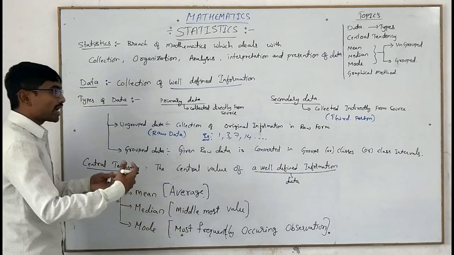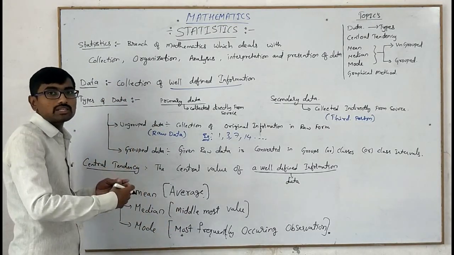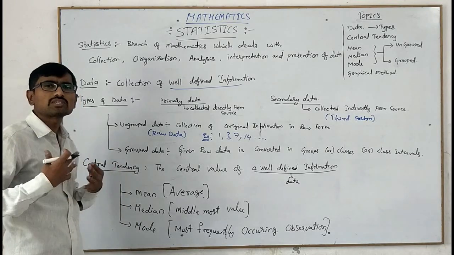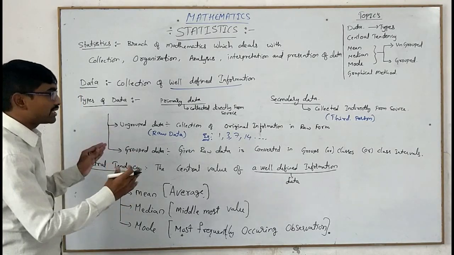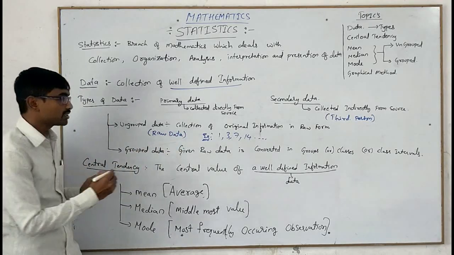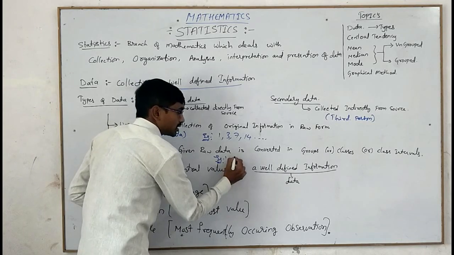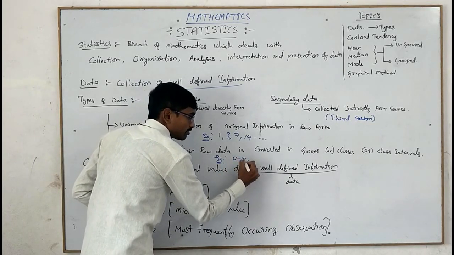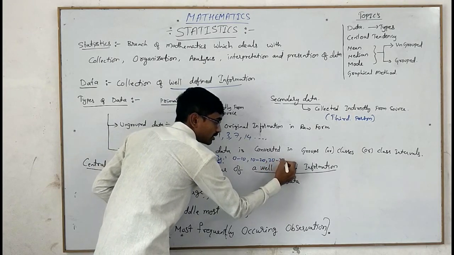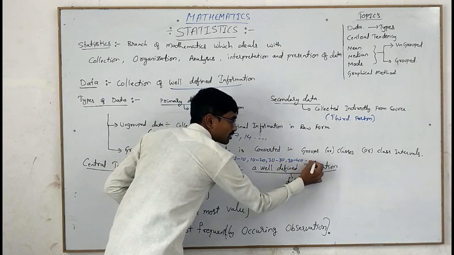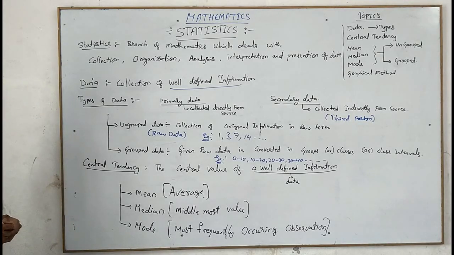If the given information is so long and the number of observations is more and more, then we convert these into grouped form. For example, we take the observations from 0 to 10, 10 to 20, 20 to 30, 30 to 40, and so on. So this is called grouped data.